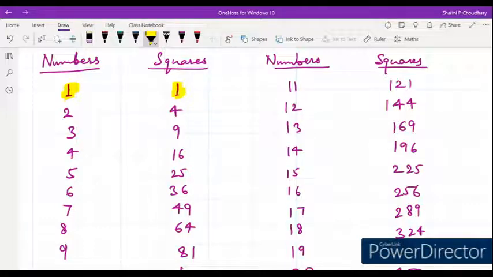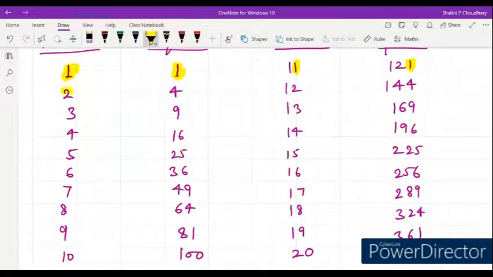Now the square of 2 is 4. For 12, the ones place is 2, so at the ones place of its square we get 4, because the square of 2 is 4. So always remember, the square of 2 is 4, so the ones place of the square of 12 will be 4.